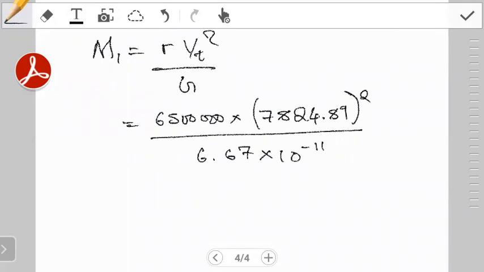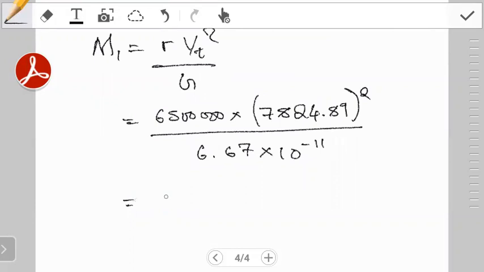Work this out and it will give you 5.97 by 10 to the power 24 kgs.